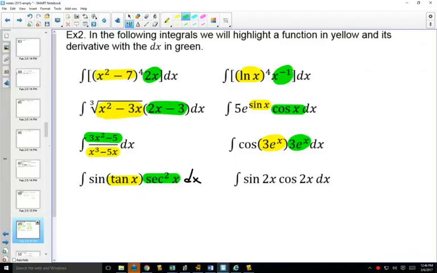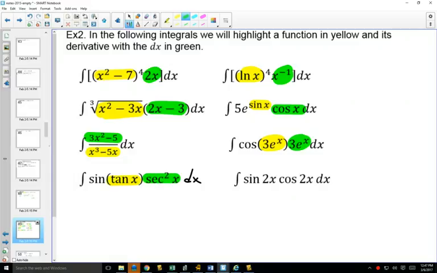For this last one, okay, we've got sine. The derivative of sine is cos. The derivative of cos is sine. So you could think of either way doing the yellow and the green as far as substitution. You have 2x inside. This one is going to have some interesting things because it could happen in various ways.